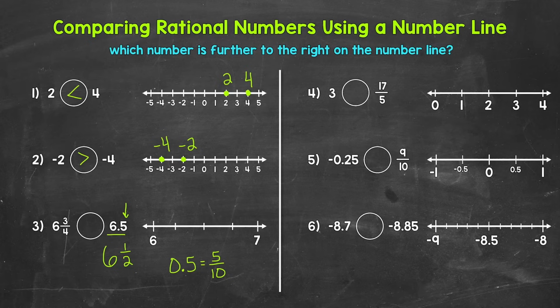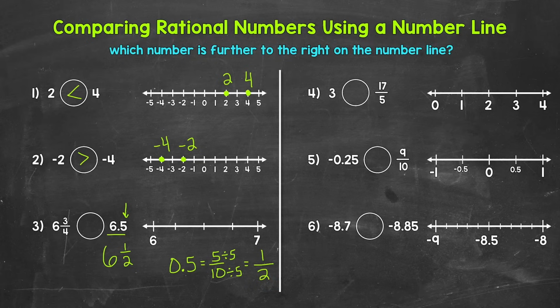The greatest common factor between 5 and 10 is 5. So let's divide our numerator and denominator by 5 in order to simplify. 5 divided by 5 is 1, and 10 divided by 5 is 2. So 5/10, 0.5 equals 1/2.